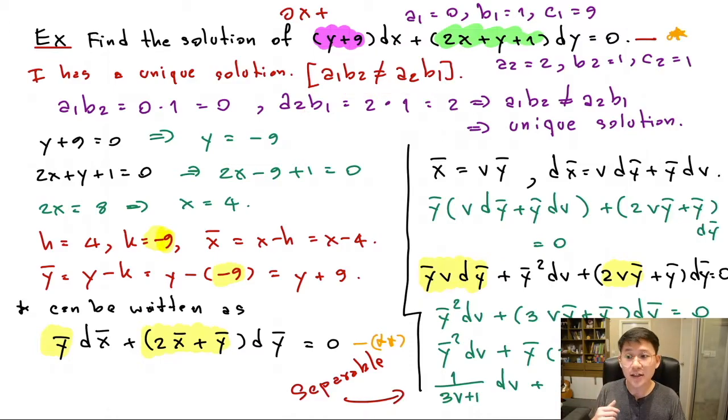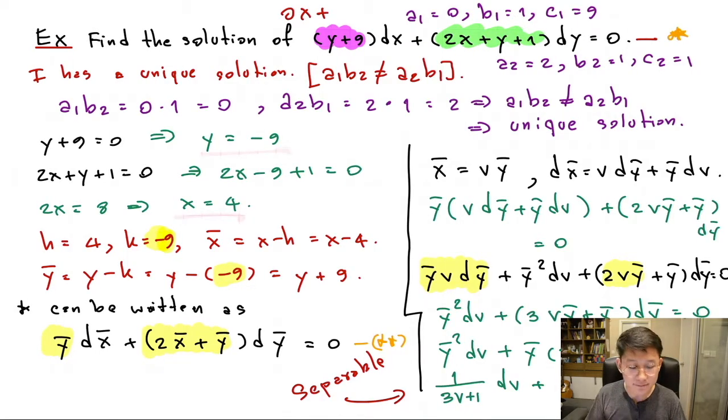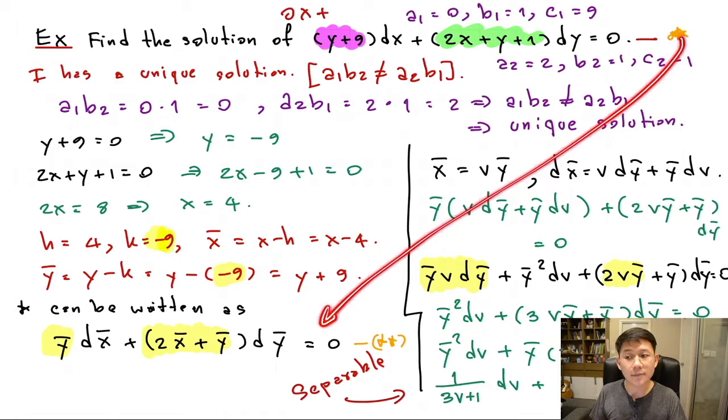And I checked it, and I found that there is a unique solution, which is x equals 4, y equals minus 9. And in that case, I let x bar be x minus h and y bar be y minus k, and then I just wrote this equation, because I know that this equation can be written as this.